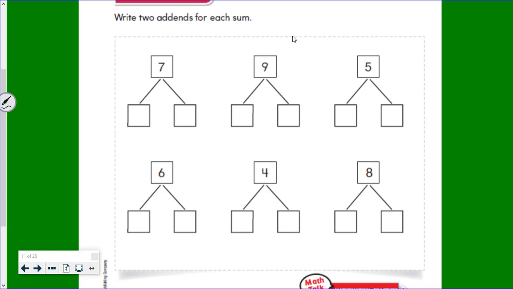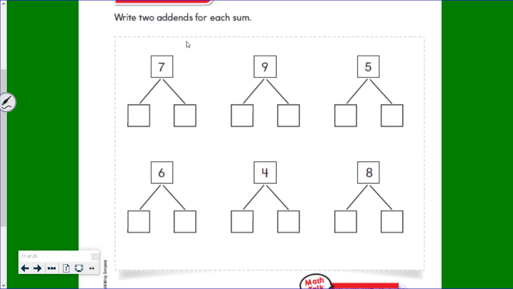A good strategy for this might be to bust out your red and yellow chips, counters. They're in your math bag. Take out 7 counters and break them up however you want.